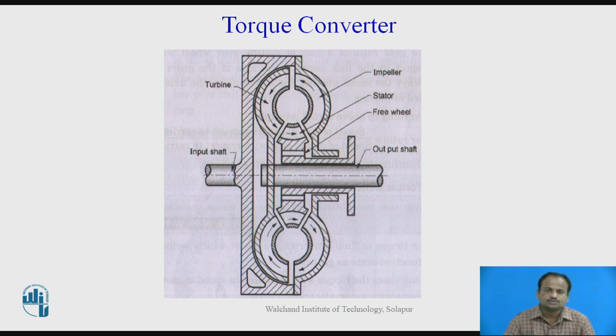So the stator gives the motion to the output shaft. Likewise, this torque converter works by rotating the fluid from impeller to turbine, turbine to stator, and again stator to impeller. So this is the automatic clutch which is used inside the automatic transmission vehicle.